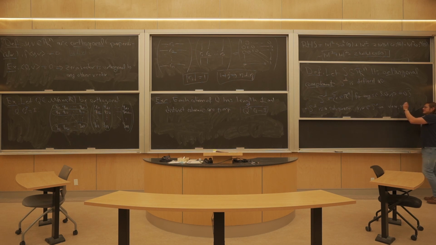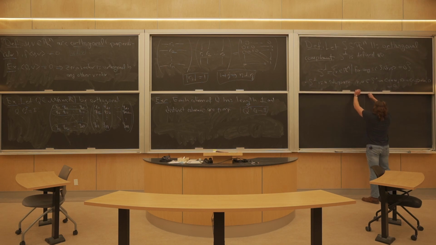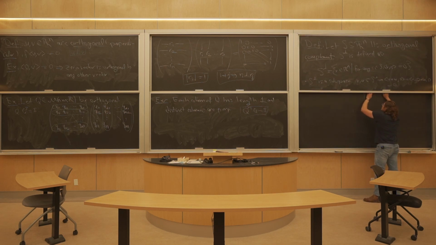And if I were to take any vector in S and take the inner product, I can open this up and write it like this. But by virtue of V and W being in S perp, this is 0 and this is 0, which means that this is 0. And similarly for scalar multiplication.